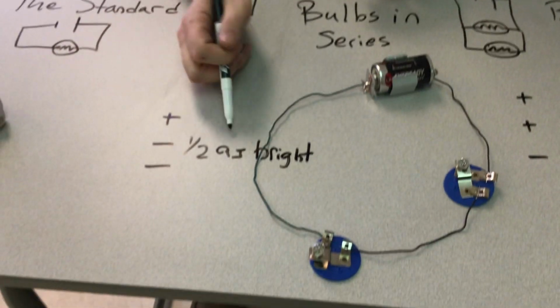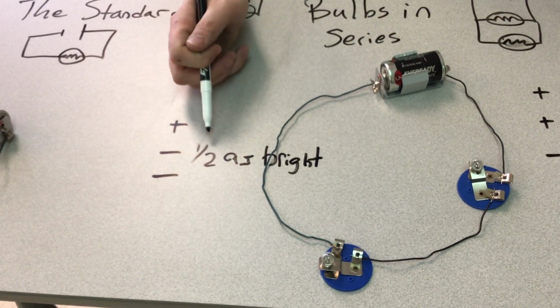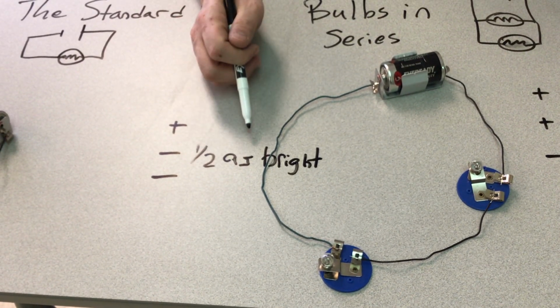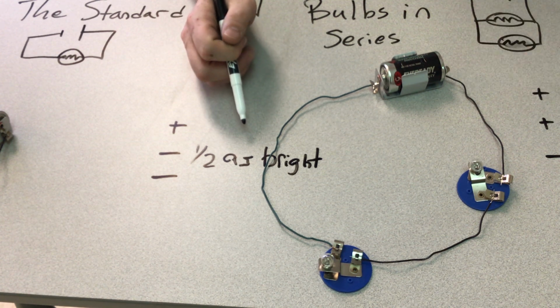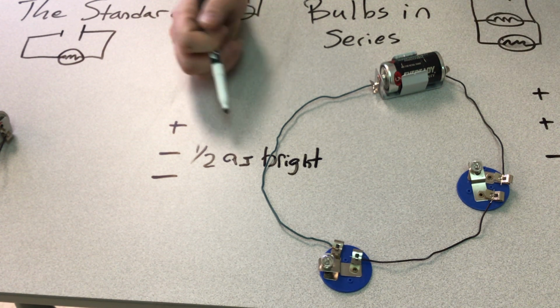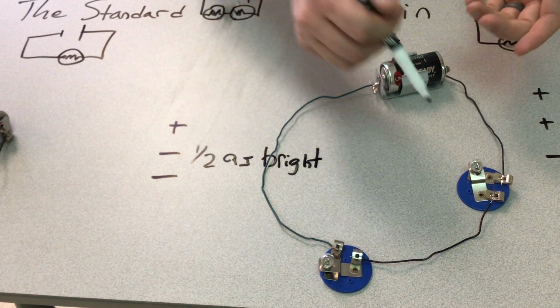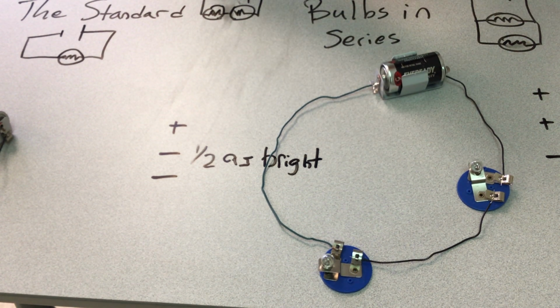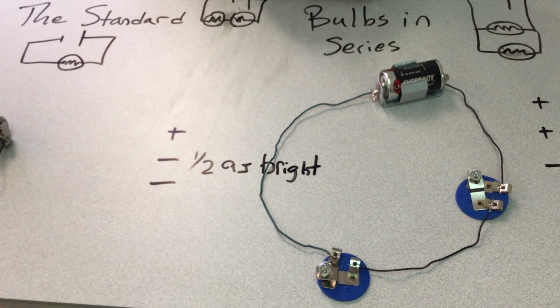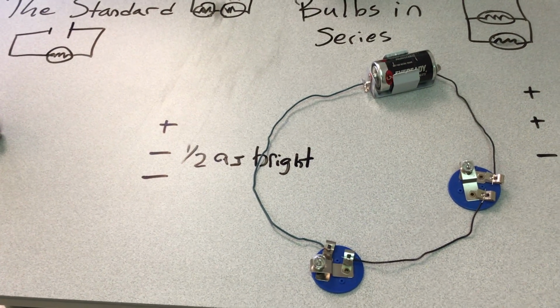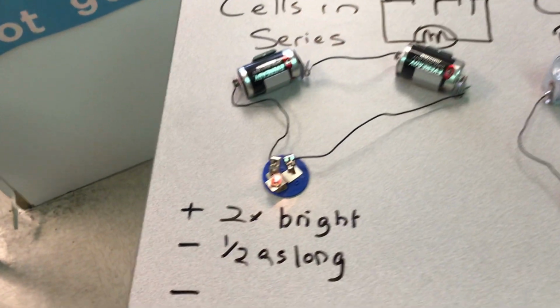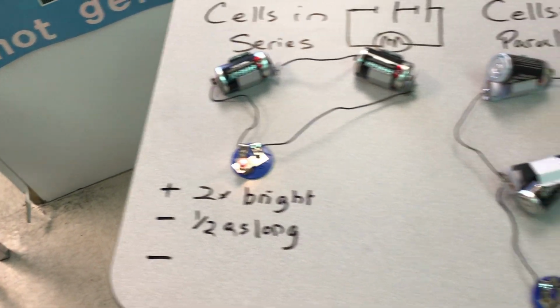So I'm trying to see if my filament is burning or my bulb is burning half as bright, what could be a positive? Well, honestly, if the filament's only burning half as bright, we knew that over in the cells in series, when it burned 2 times as bright, the bulbs lasted half as long. So what happens if it's burning half as bright?